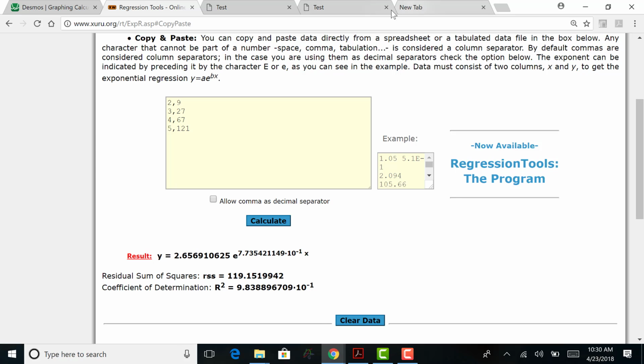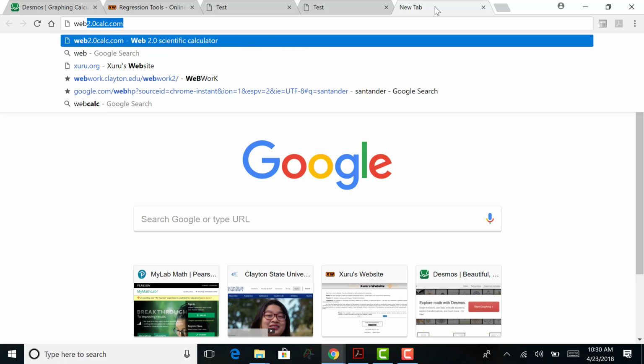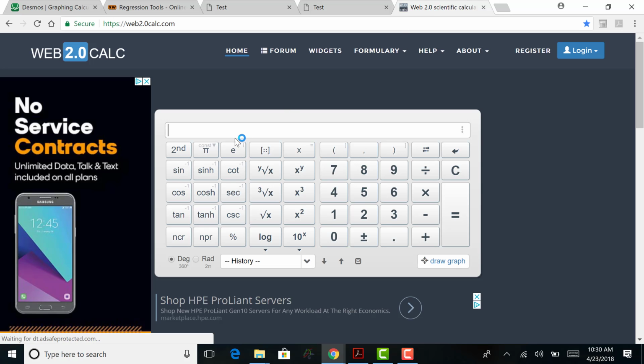So if we go to the web calculator and we put in 2.6569 times E raised to the, need parentheses, we said we were going to change that to 0.77354 times 8.